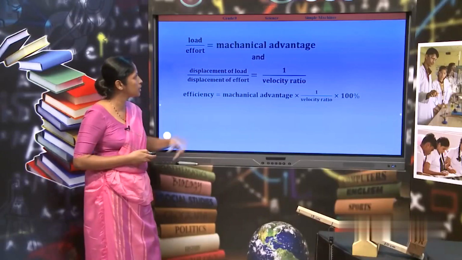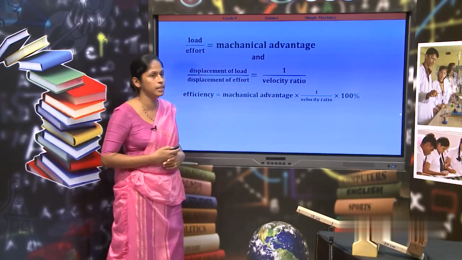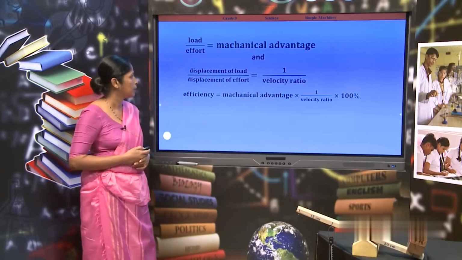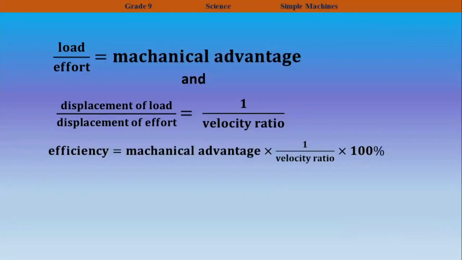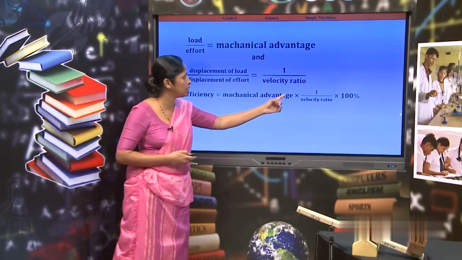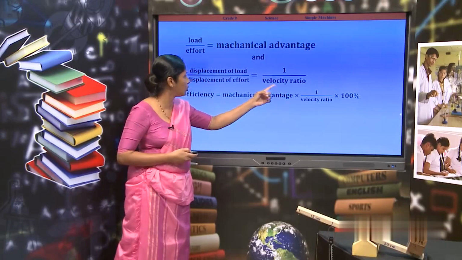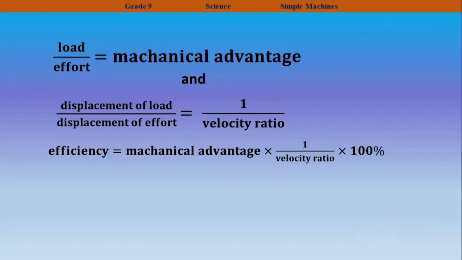So, let us use these two familiar terms in this equation. Instead of load over effort, mechanical advantage. Instead of displacement of load divided by displacement of effort, 1 over velocity ratio. And our percentage mark should also be used.